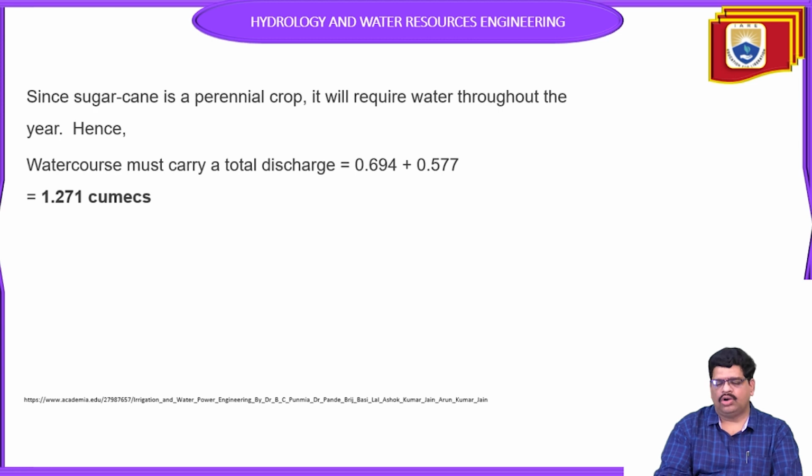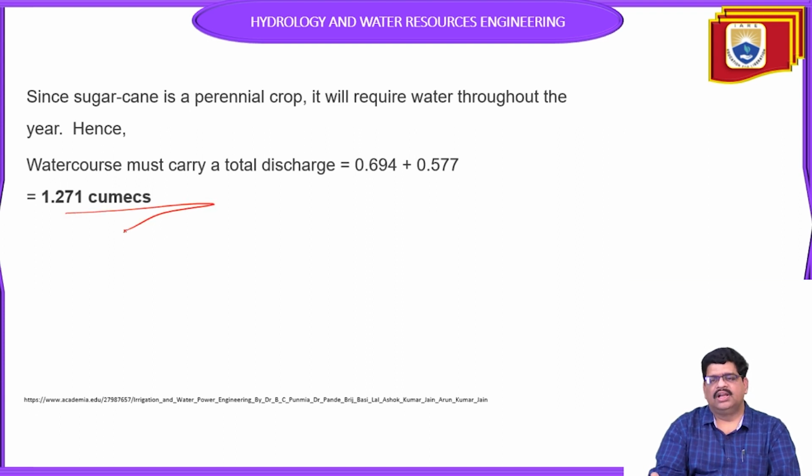So the total requirement is equal to 0.694 plus 0.577, that is equal to 1.274 cumec. This is the total water requirement of the two crops, sugarcane as well as rice.